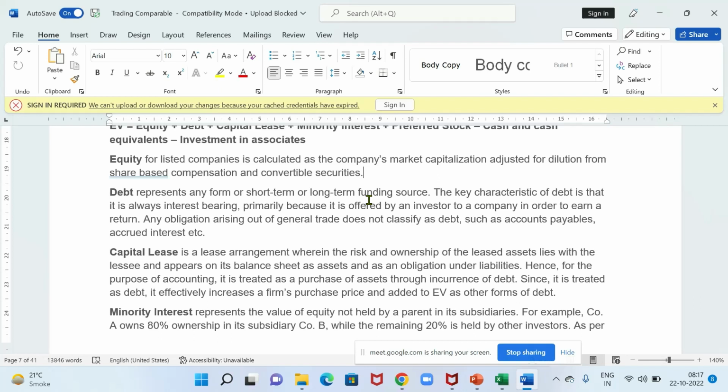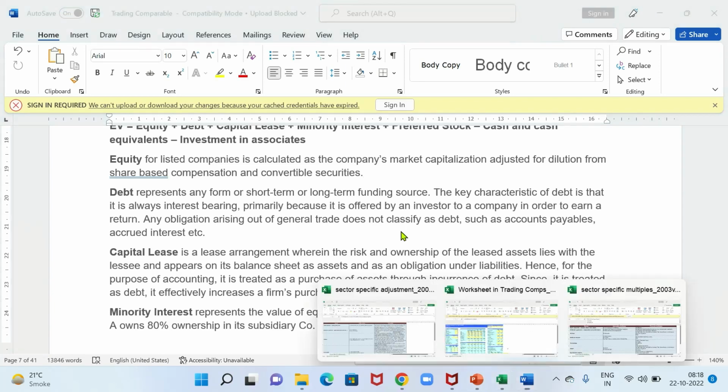But those convertible securities would have been long term, say a minimum of 3 to 5 years. So as on date, we treat that as debt. I'll show you the working.